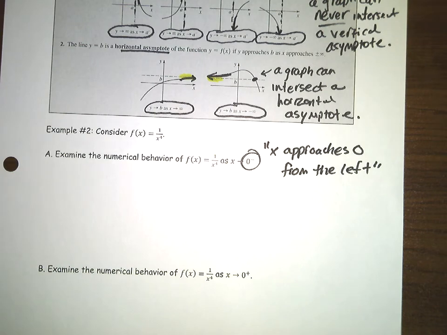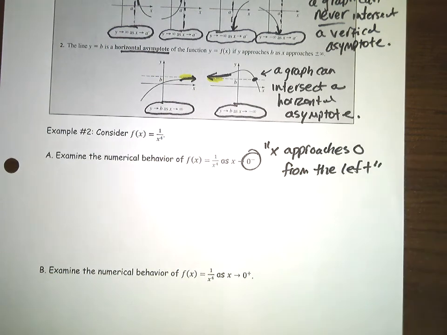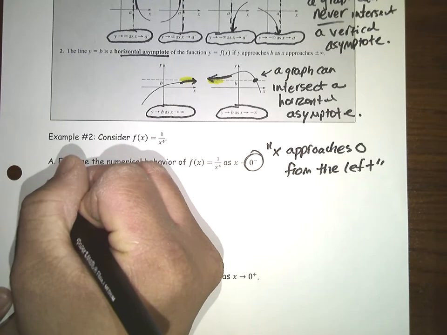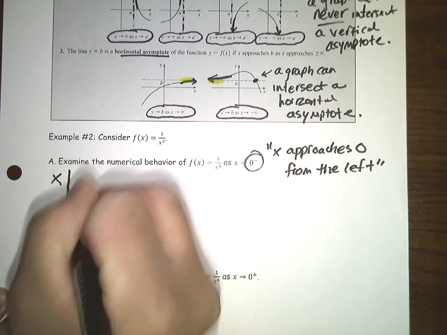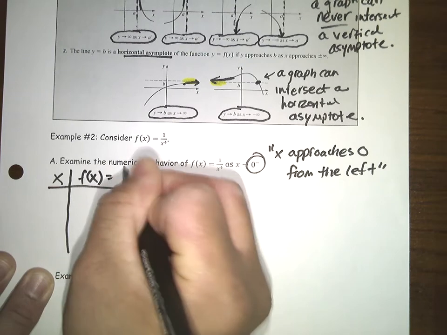So a value that's less than 0 but close to 0 could be something like, let's try x equals negative 0.01, with f of x equals 1 over x to the fourth.